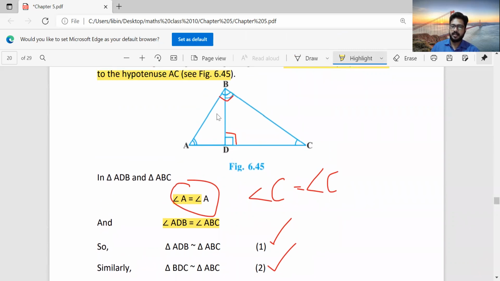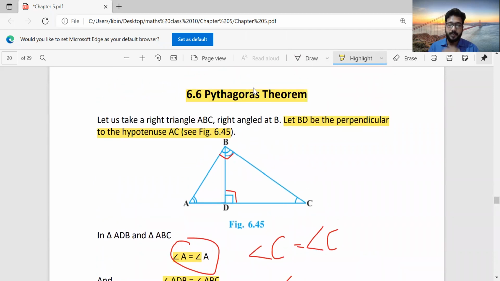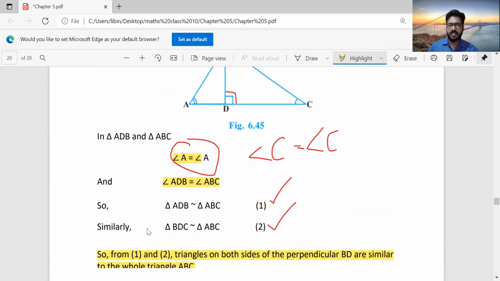We can find that. Take a right triangle and make a perpendicular to the hypotenuse from the 90 degree vertex. Then the newly formed triangles will be similar to the bigger triangle. That's what we have seen here.